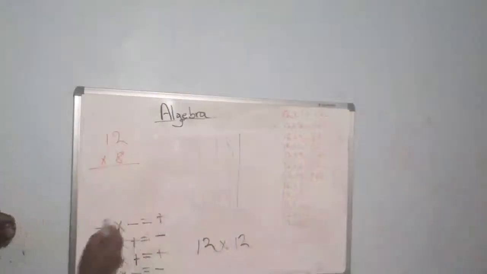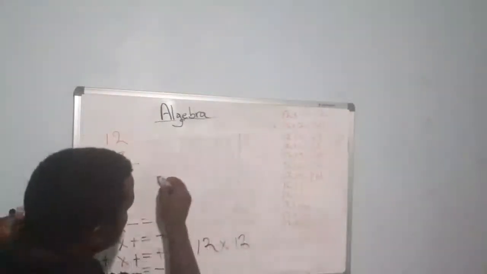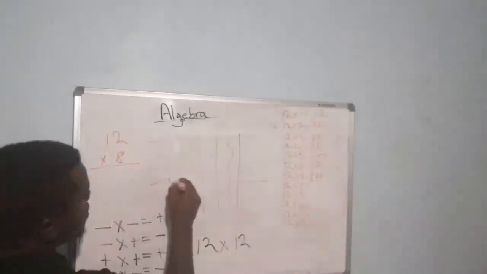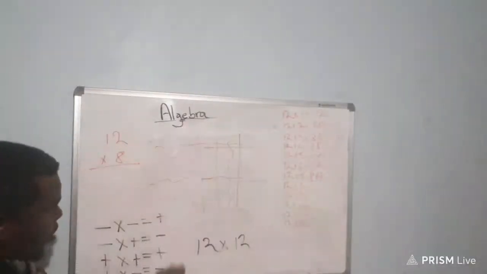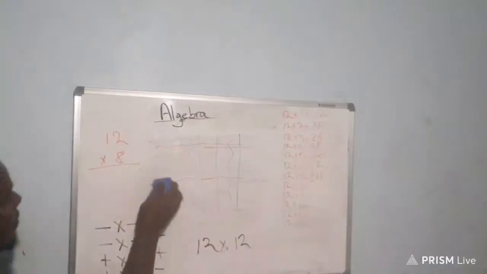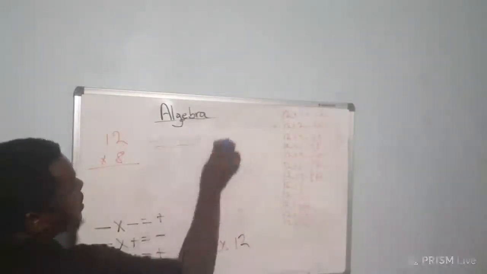Alright? And now this over here is a row. So row across, column is down. Alright? So these are rows, and these down are columns.